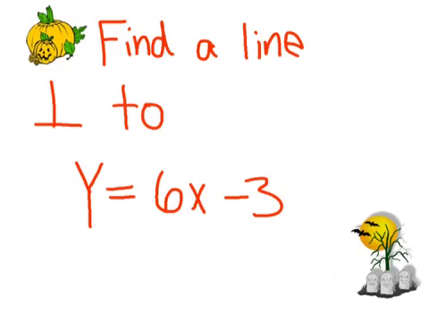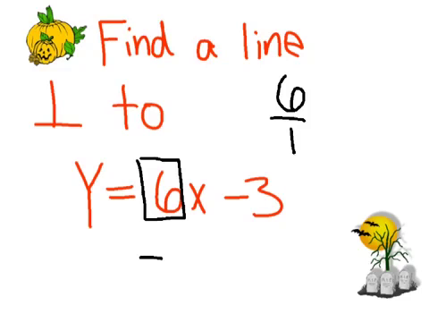Alright, go ahead and bring up practice problem number 3. Okay, for this one, our slope is 6. If we want a line that's perpendicular to this, we need to find our new slope, which is the negative reciprocal of 6. Remember, if we have a whole number, what do we need to put it over? 1. That's right. First of all, our 6 is positive, so our new slope is going to be negative.